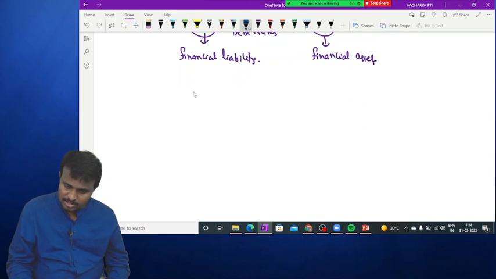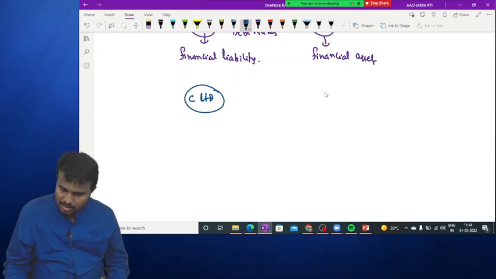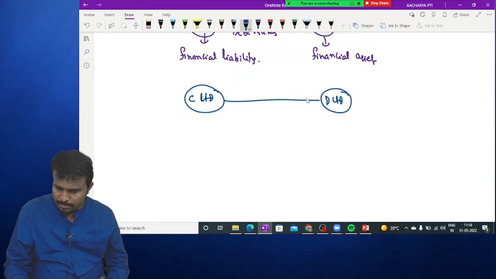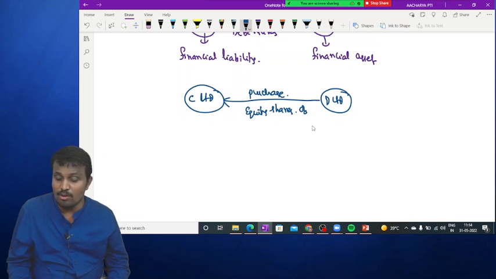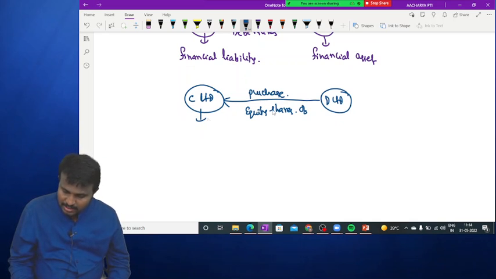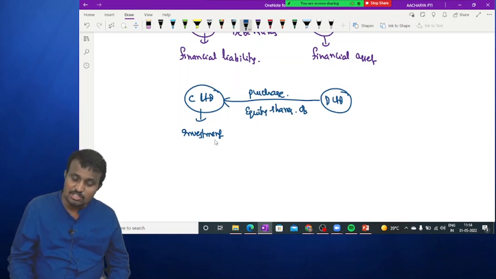One more example: C Limited and D Limited are there. C Limited purchases the equity shares of D Limited. Then the transaction becomes an investment to C Limited, a financial asset to C Limited, and it will become what?